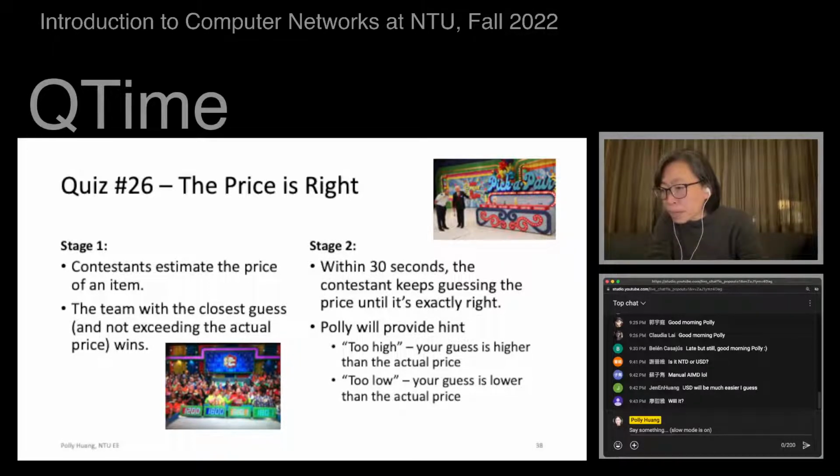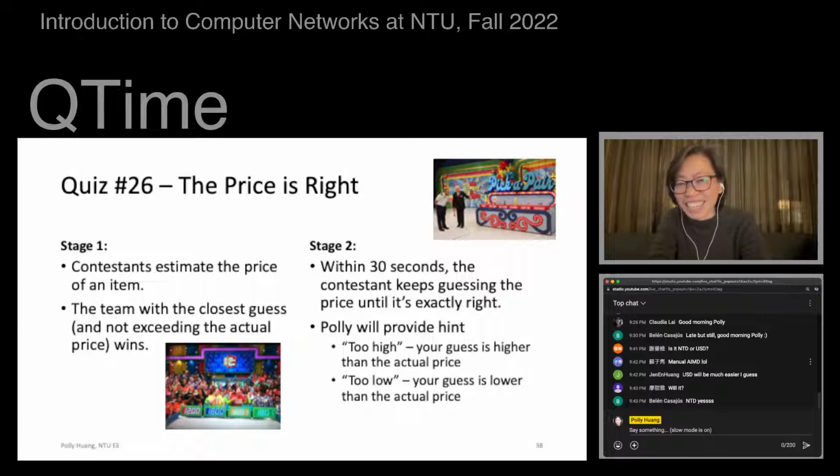Sorry, Belen, Claudia, Anna, try to convert the price in your mind to NT dollars. But at least for stage 1, you'll be given some time to type up your estimated price, so there's no worry. NT dollar, yes, good.